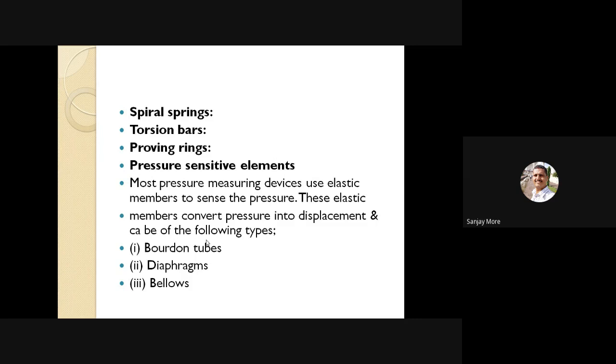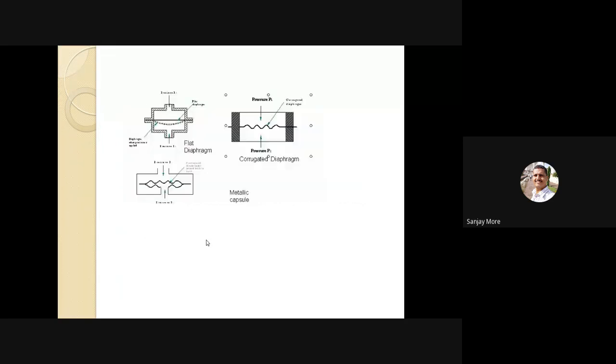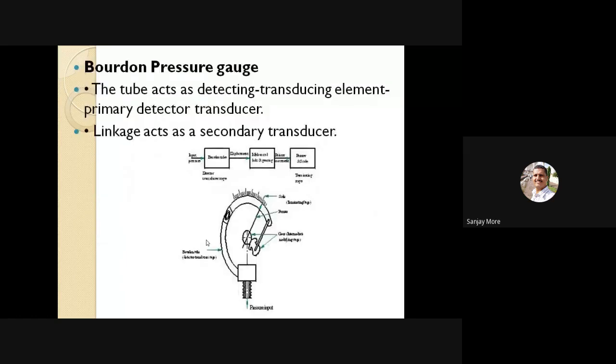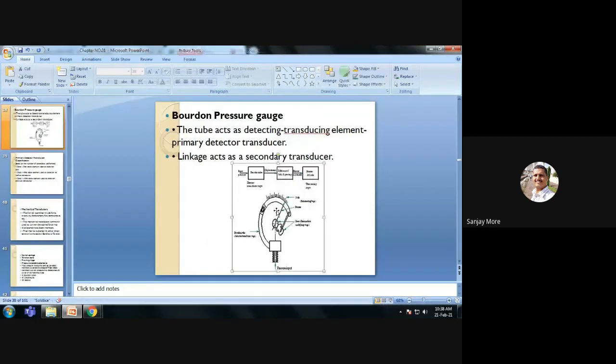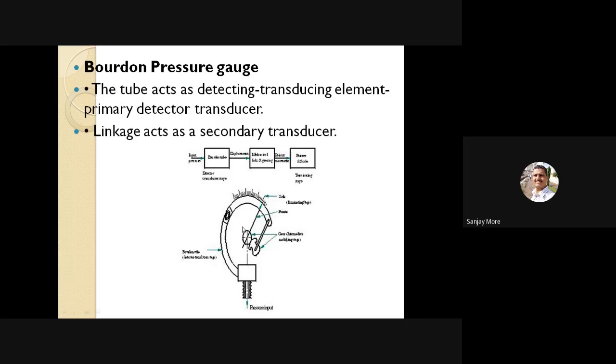Most pressure measuring devices use an elastic member to sense the pressure. These elastic members convert pressure into displacement and can be of the following types: Bourdon tubes, diaphragms, and bellows. So here, see the details of the Bourdon tube. This is a Bourdon tube pressure gauge.